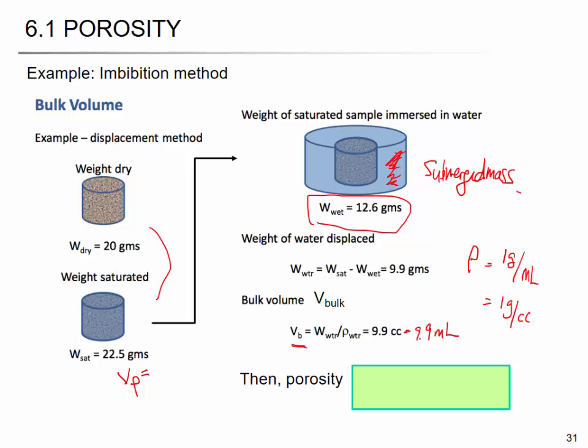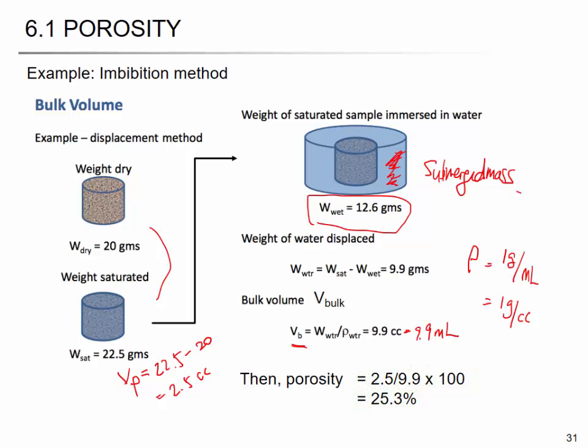You can subtract the dry mass from the saturated mass, right? 22.5 minus 20 grams, so 2.5 cc or milliliter. So this is the pore volume, then the porosity is 2.5 divided by 9.9. So that's going to be around 25%, right? 25.3%. So this is the imbibition method.